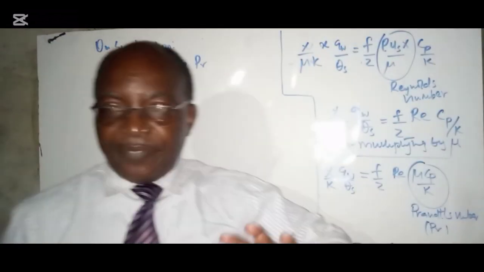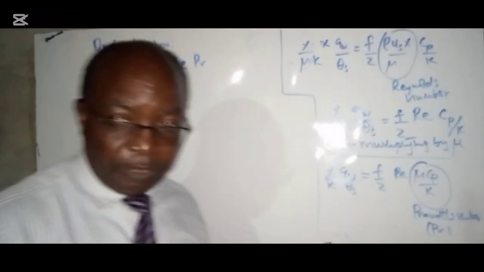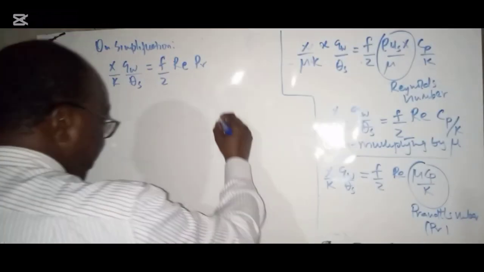So, if we assume, for example, that the thermal boundary thickness and the velocity boundary thickness, if you remember, this is a familiar quantity, we have the free stream, we have x, we have y.